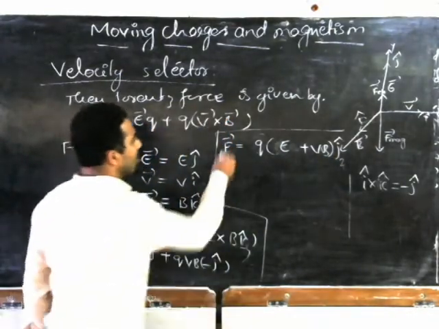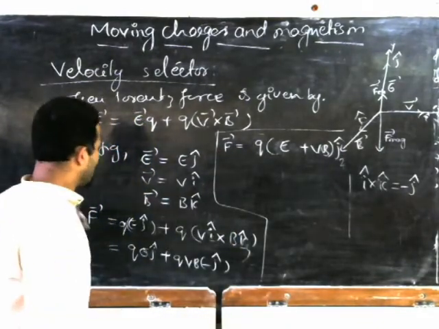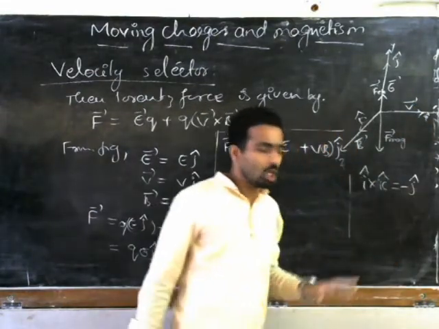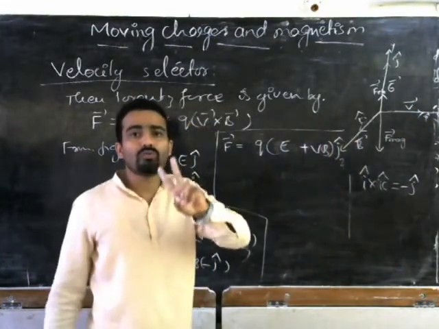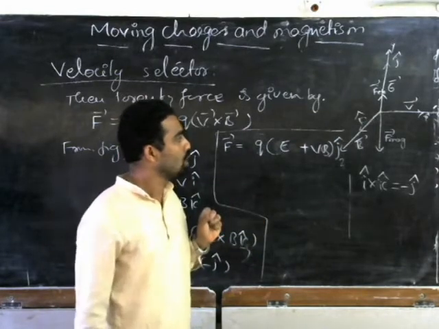Now F means it is the total force which is acting upon this charged particle which is moving with the velocity v. So it is moving under two fields. One is the magnetic field, another one is the electric field.